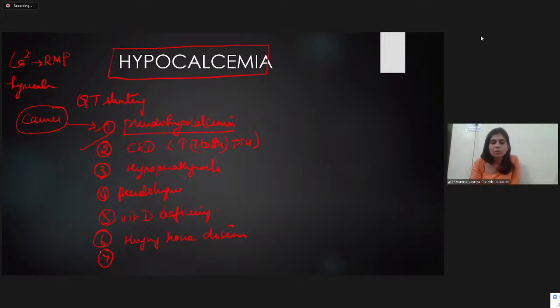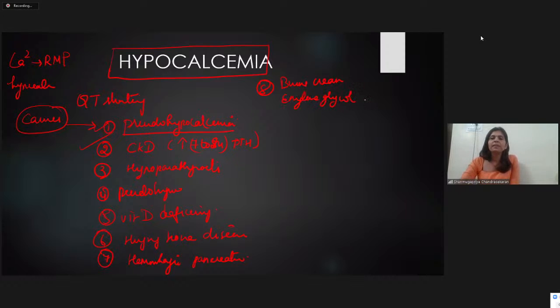It is also a possibility in hemorrhagic pancreatitis, wherein calcium goes and gets deposited. And then a few burn creams. Creams used to treat burns have ethylene glycol.